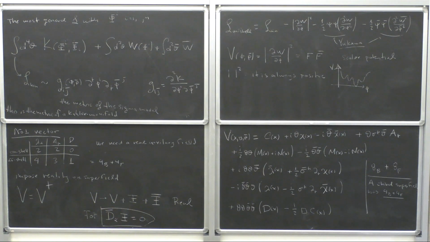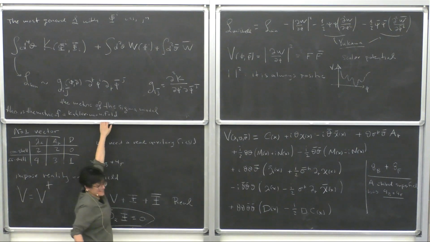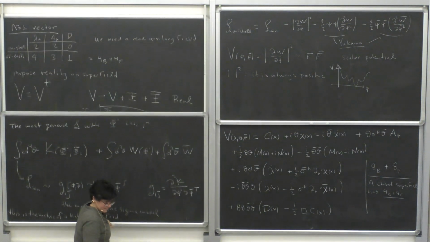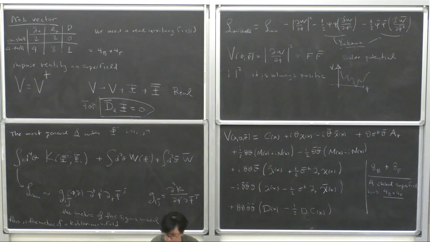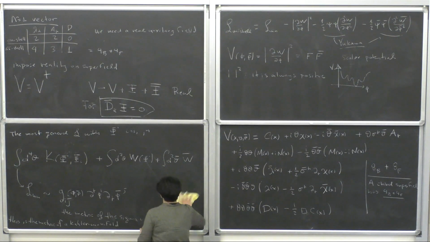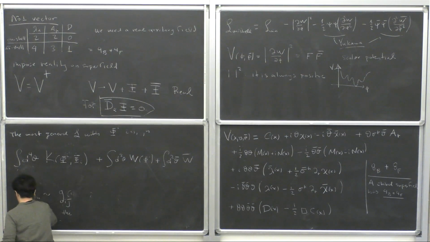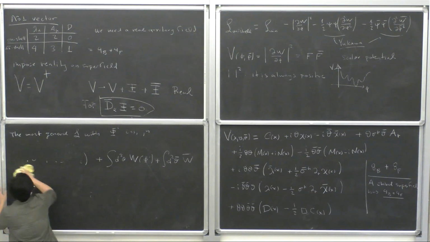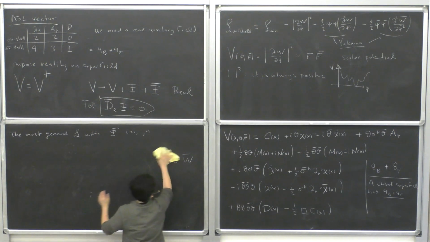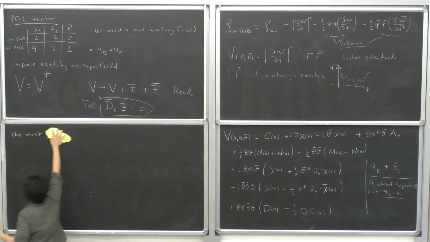Is it clear what I'm doing to everyone? It will become clear also when I go to components, and it will become amazingly clear. But at this level, I'm just counting degrees of freedom.